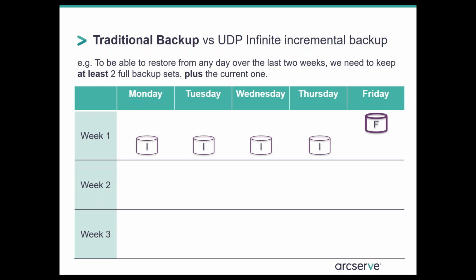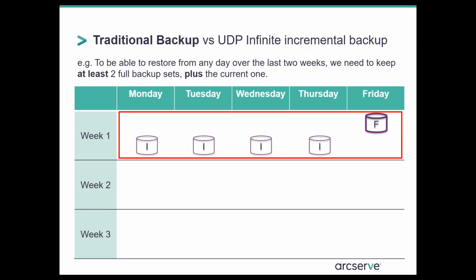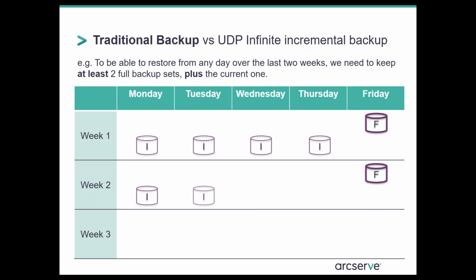Again, let's start with a Friday full, and then Monday through Thursday, we'll take our incremental backups. This is the first week of backups, and with this data, with 1 full and 4 incrementals, we can restore data from any day in the last week. At the start of the second week, we're going to take another full, and then we're going to take incrementals again.